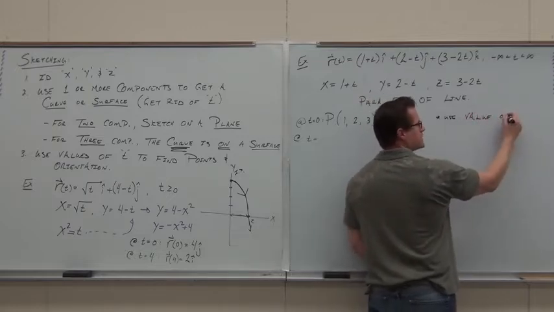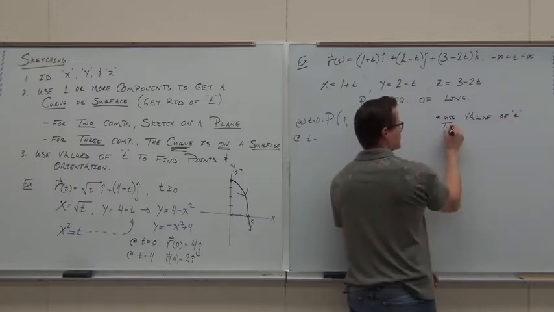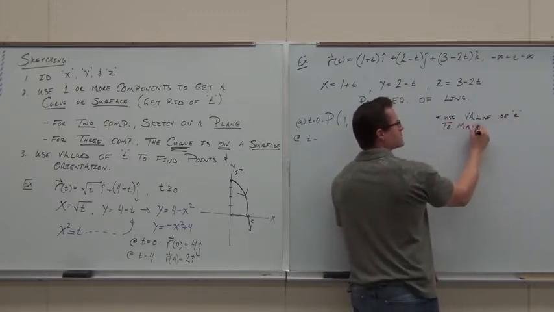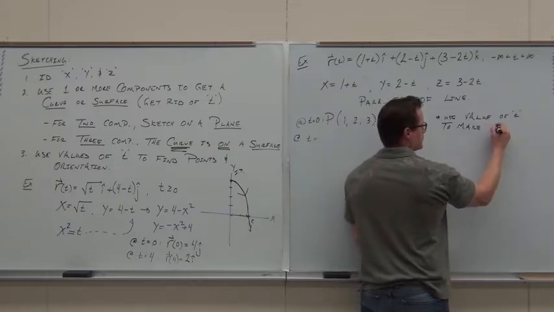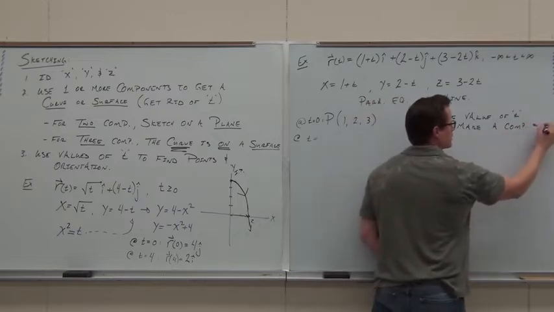Use a value of t to make at least one component equal 0.